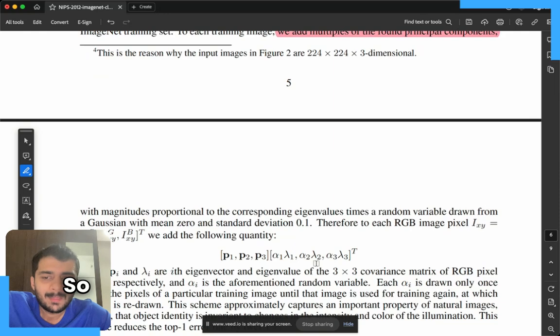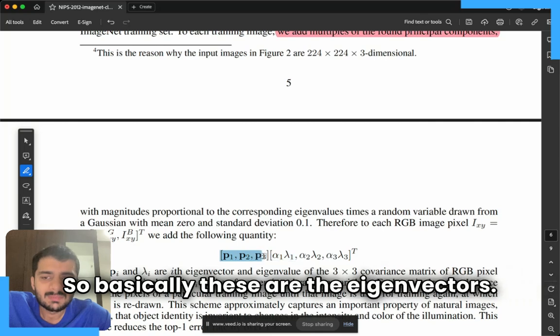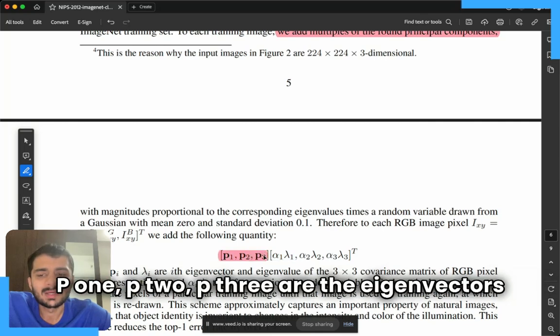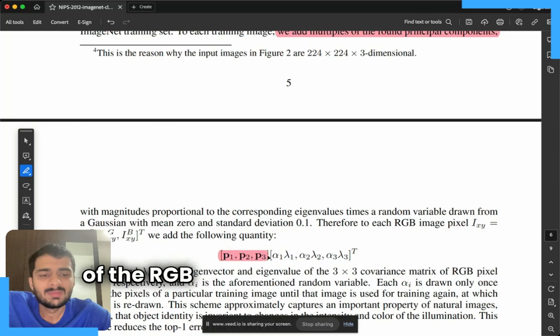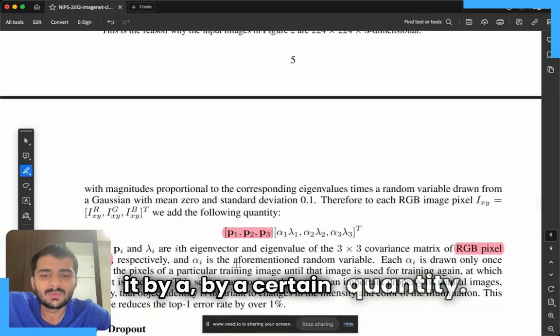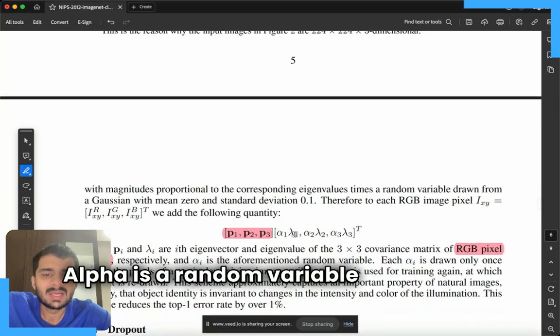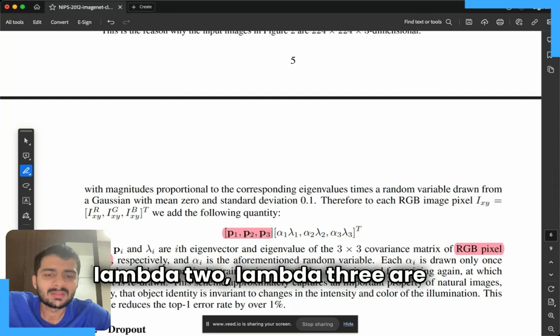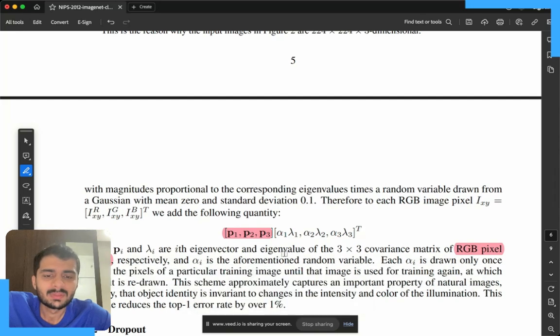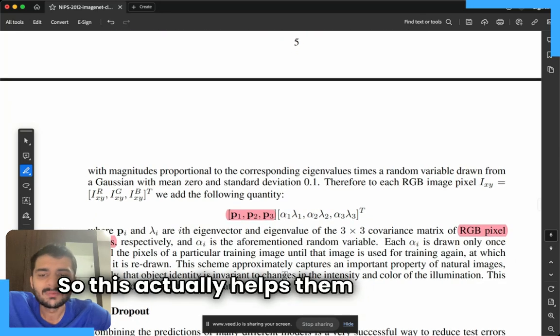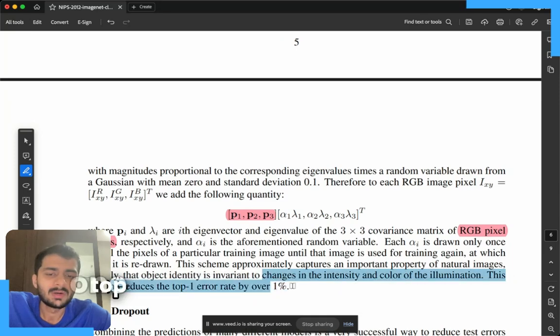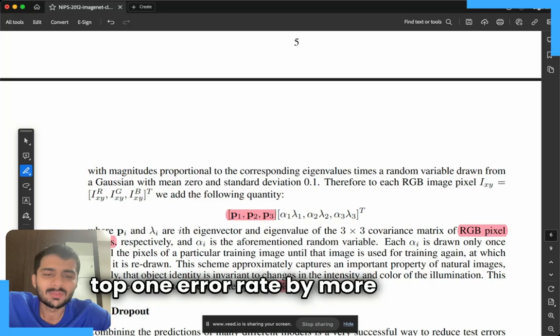Basically, p1, p2, p3 are the eigenvectors of the RGB pixel values, and they are multiplied by a certain quantity. Alpha is a random variable, and lambda 1, lambda 2, lambda 3 are the eigenvalues. This helps them reduce the top one error rate by more than 1%.